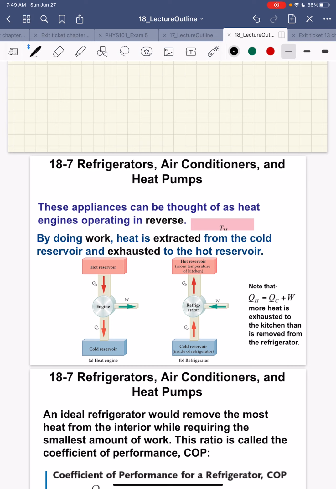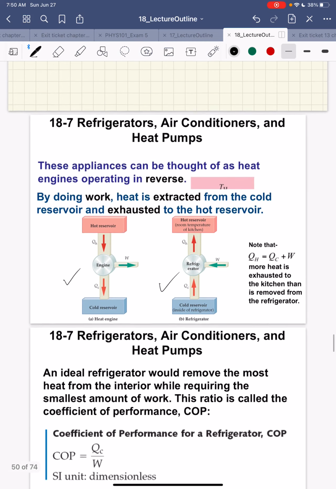This is the heat engine and this is the refrigerator. Then I am doing work, and that work plus QC is going to be Q hot. More heat is exhausted to the kitchen than is removed from the refrigerator.